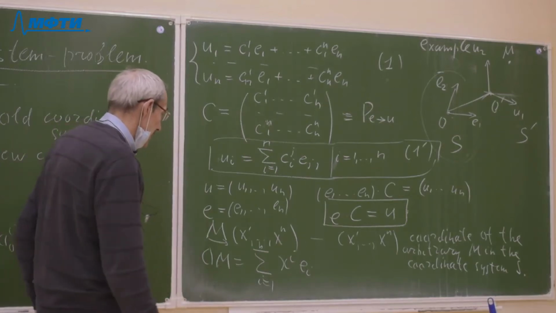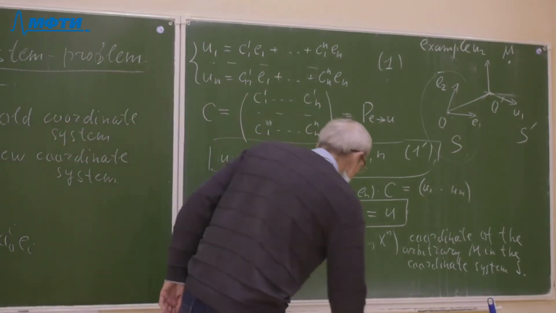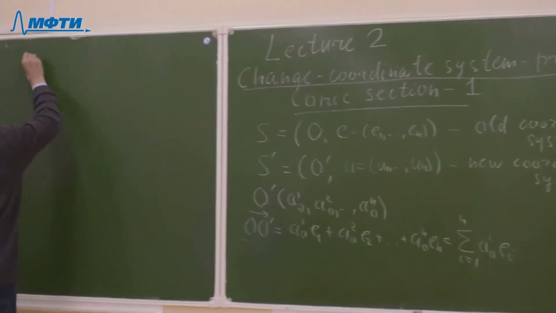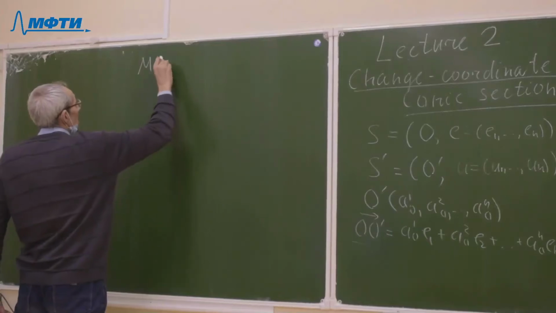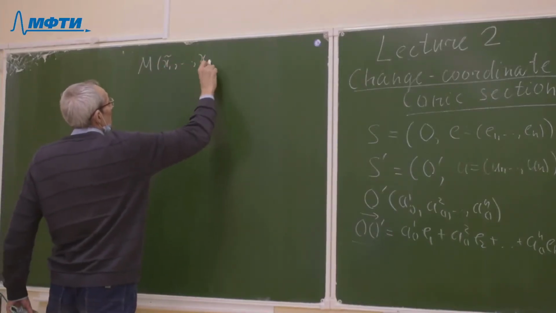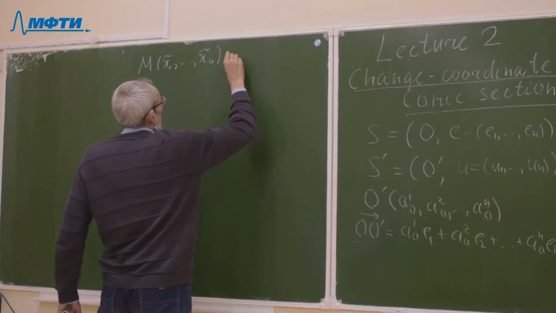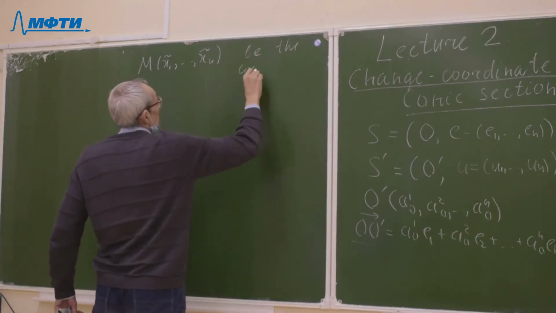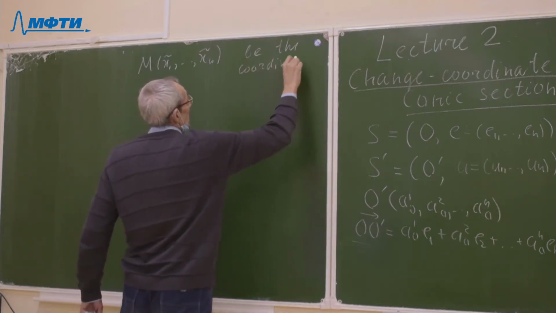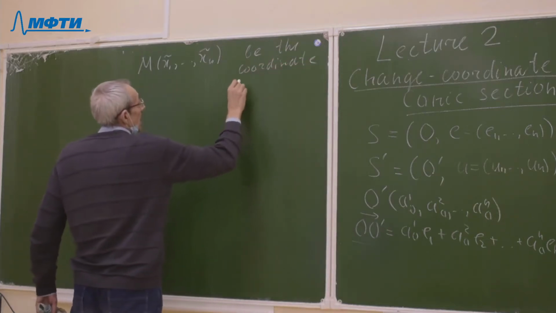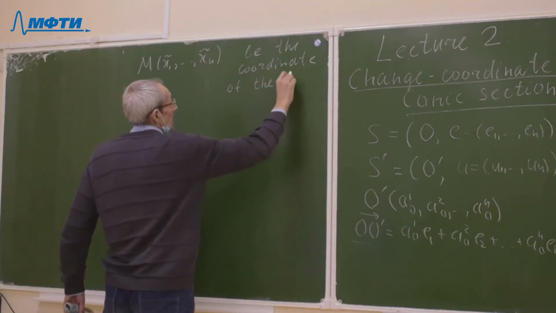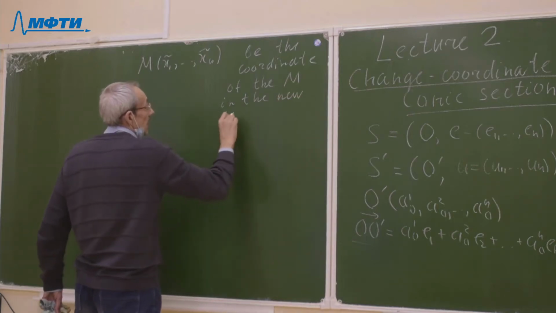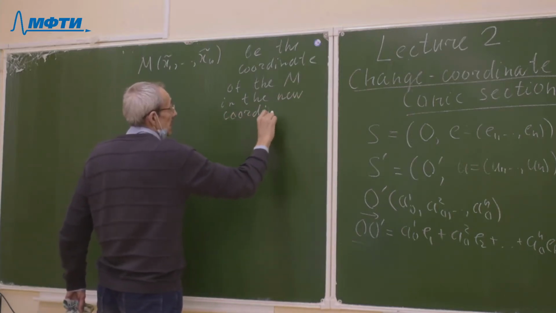And let the coordinates of the point M, x1 tilde, ..., xn tilde, be the coordinates of M in the new coordinate system.